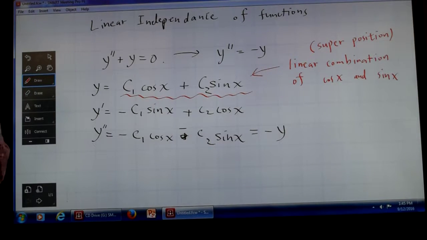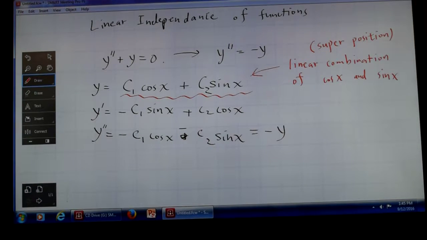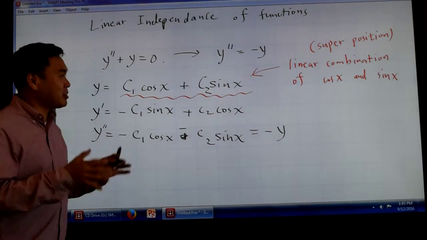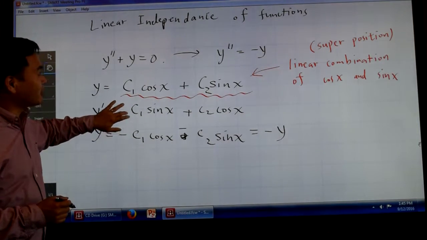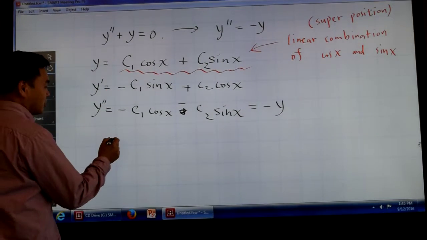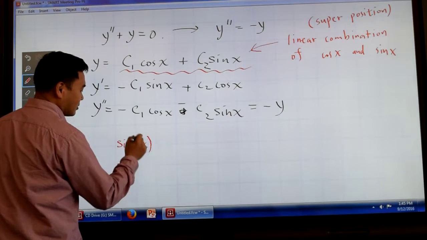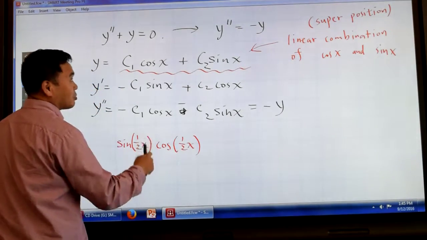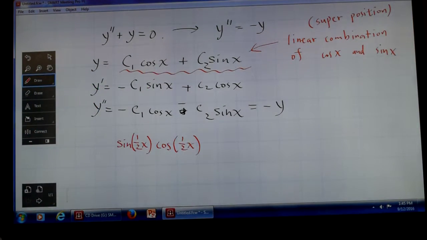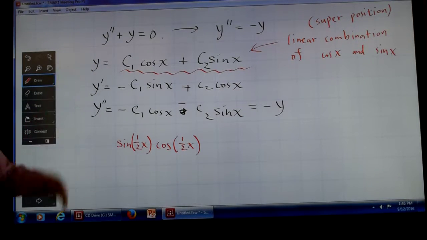Now, let's suppose that we didn't know this mathematical theory and somehow decided that maybe there's some more function, more solution to this. And said, by luck, we tried sine of 1/2 of x times cosine of 1/2 of x, and plugged into the left side by differentiating twice, and we found out that this is indeed another solution to the differential equation.